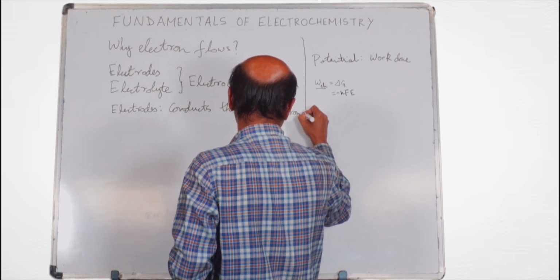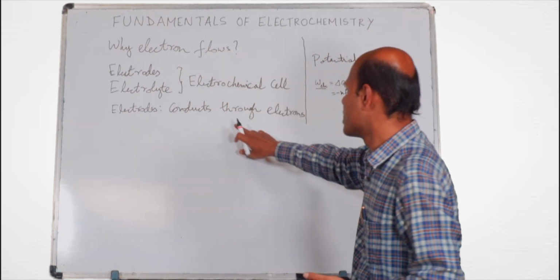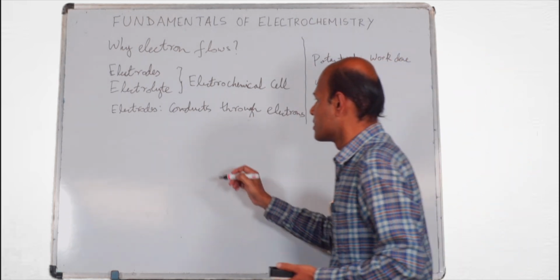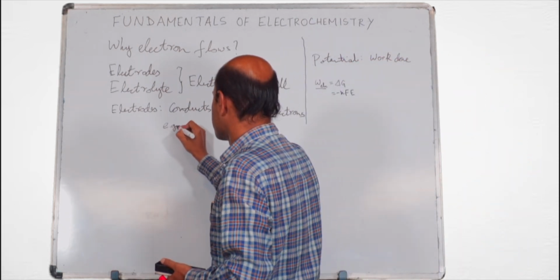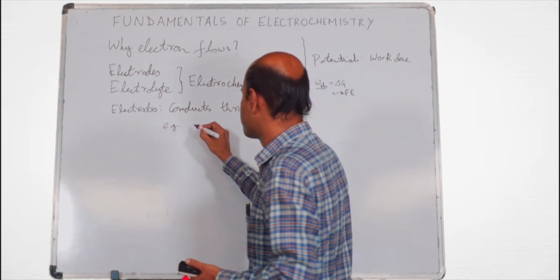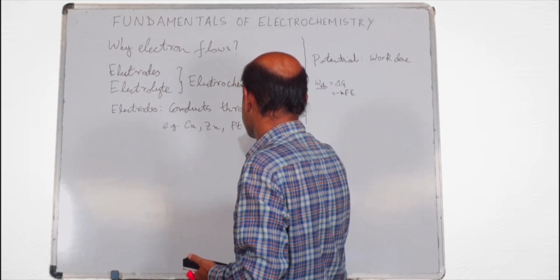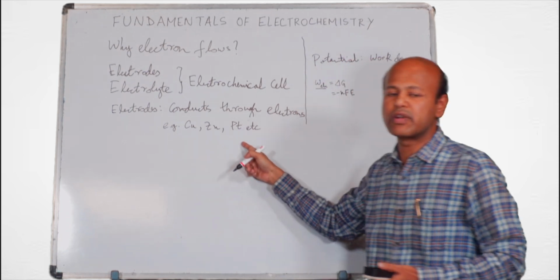This is the fundamental definition of electrodes. They are purely electronic conductors. Examples are generally metals like copper, zinc, platinum, etc.